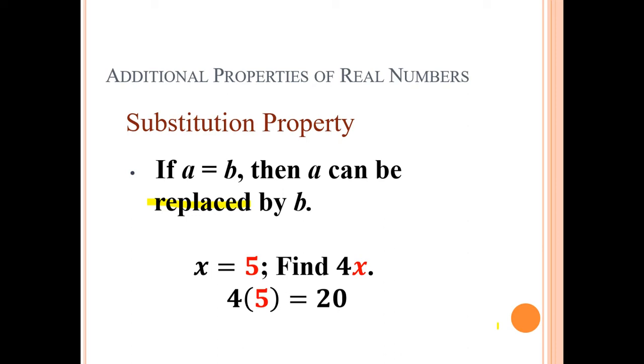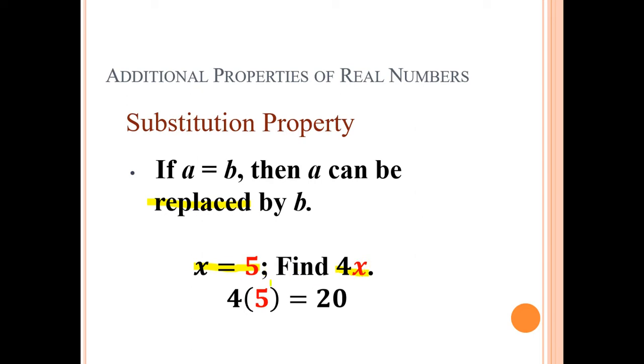So whenever you solve for x, and then you plug x back into your original equation, that is substitution property. Because if you have x is equal to something in an equation where it says x, you know that x equals that number.